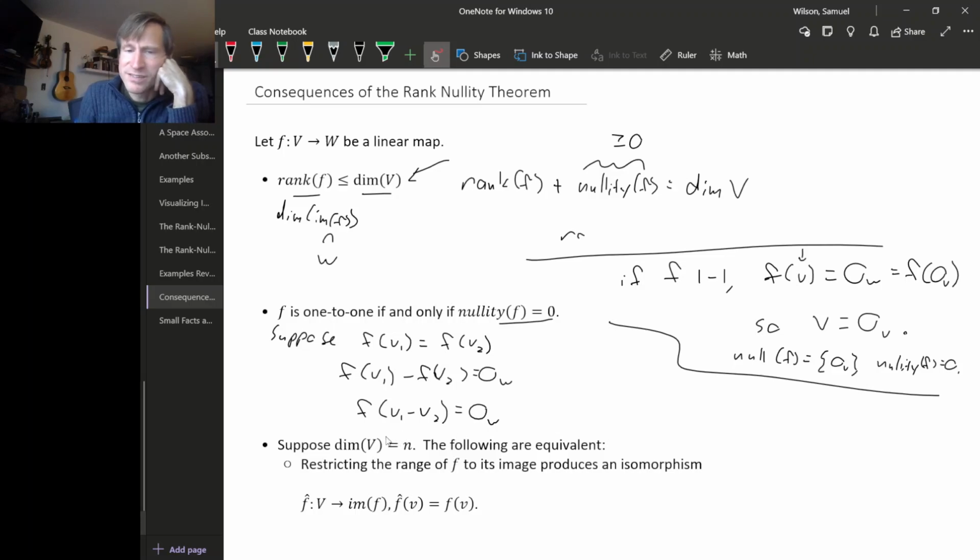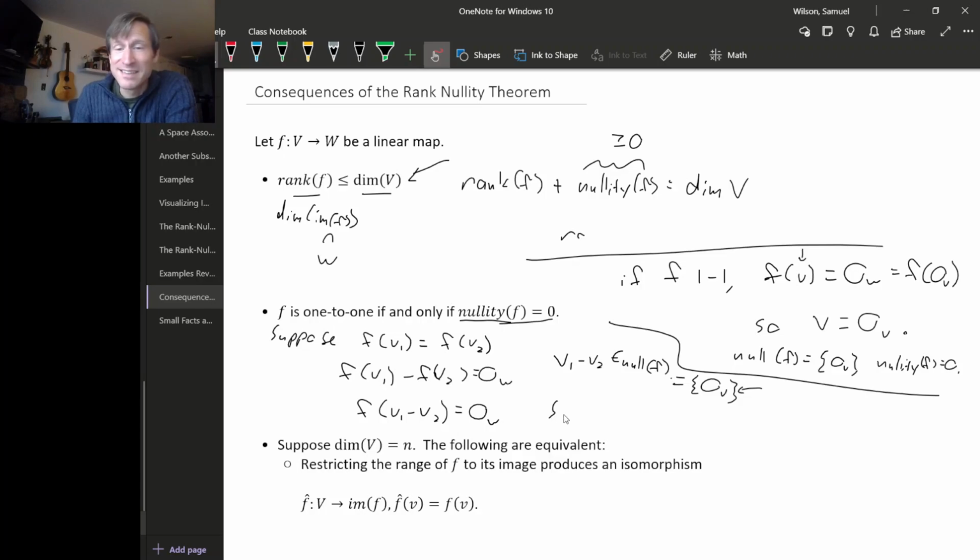But this means F sends v1 minus v2 to the 0 vector. That means that v1 minus v2 is in the null space of F, because F sends it to the 0 vector. But we know what the null space of F is. By assuming the nullity of F is 0, the null space of F is just the 0 vector in V. So v1 minus v2 is an element of a set that only contains the 0 vector.